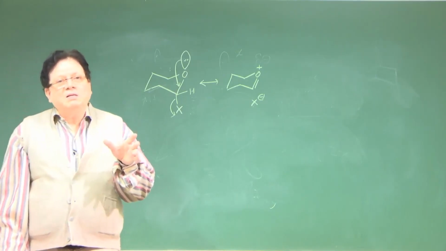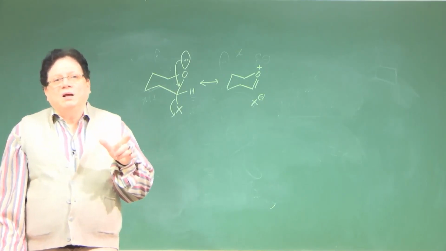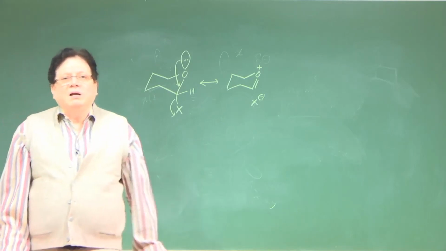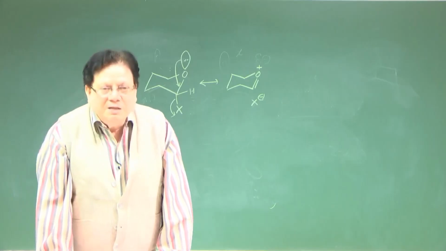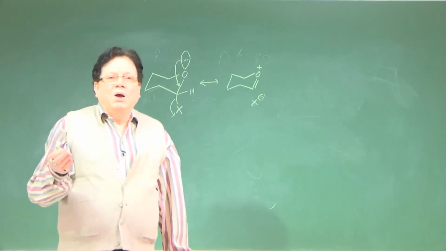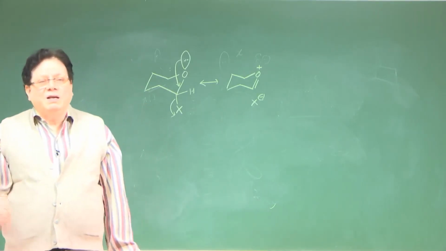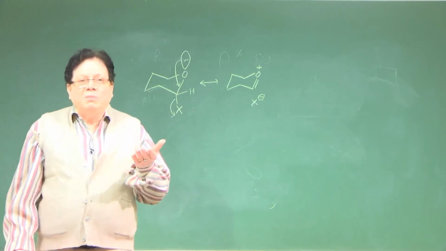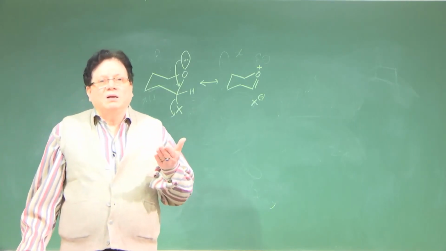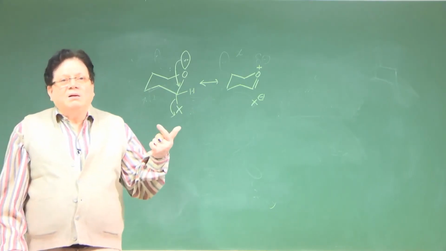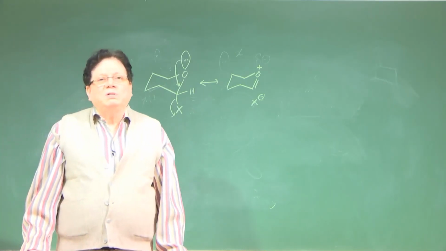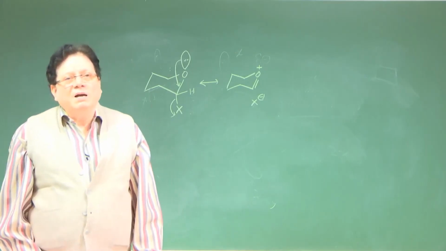So, that means the orbitals should be positioned in space in such a way that it gives the maximum overlap possible, and that is the stereoelectronic requirement of an E2 elimination. The stereoelectronic requirement of an SN2 reaction is that the nucleophile approaches opposite to the side of the leaving group.